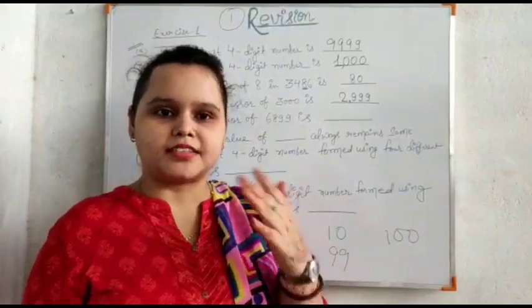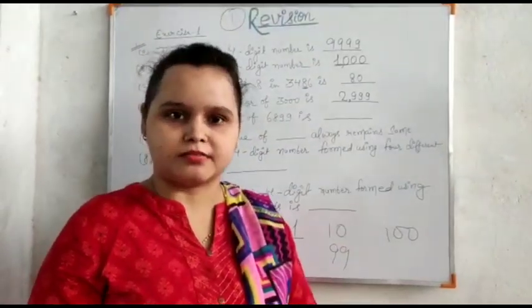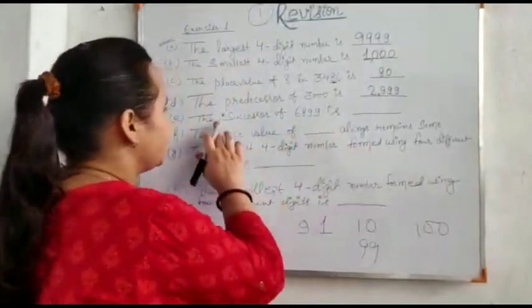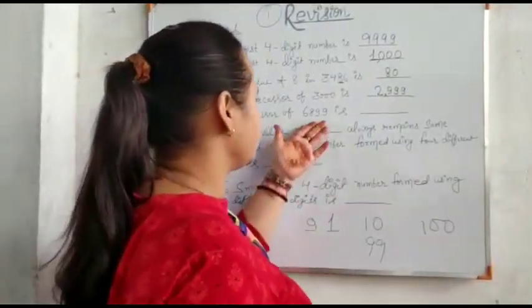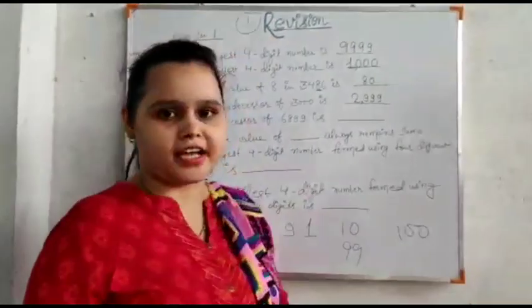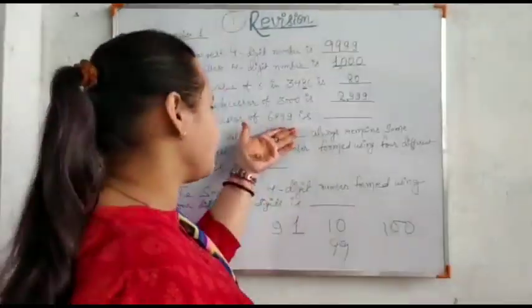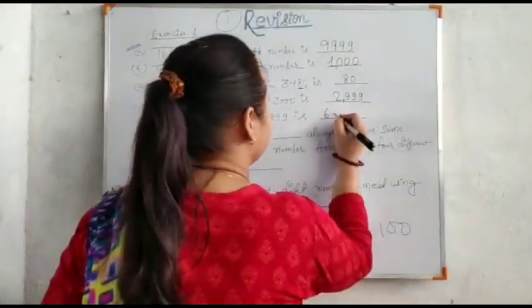Now the next question is the successor of 6899. The successor means adding 1. I will add 1 to this number. The successor of 6899, when I add 1, we write 6900.